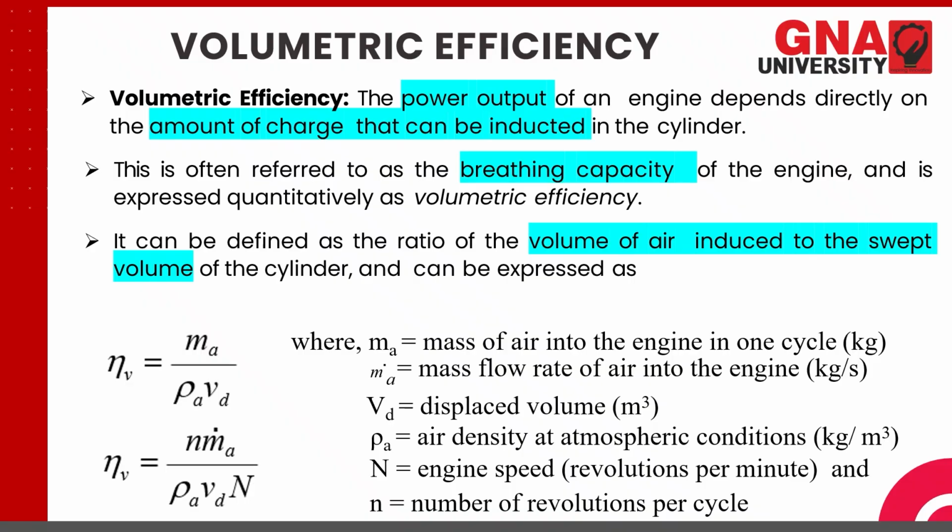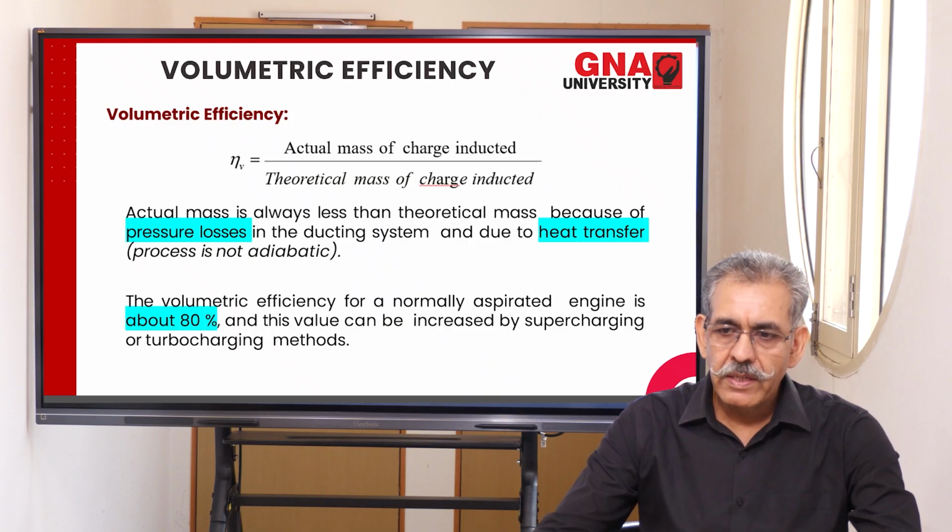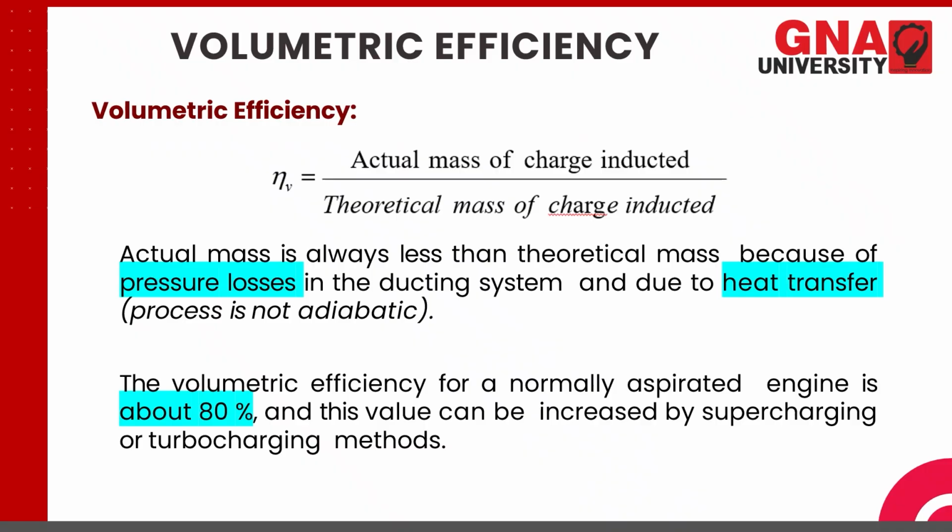in one revolution? Volumetric efficiency can be defined as the ratio of actual mass of charge inducted divided by theoretical mass of charge inducted. Now this theoretical mass will be greater than actual mass, so volumetric efficiency will be obtained after multiplying this fraction with 100.